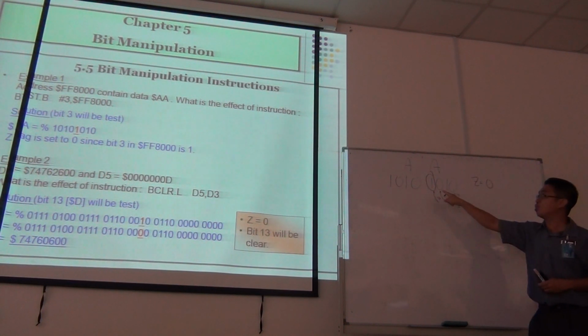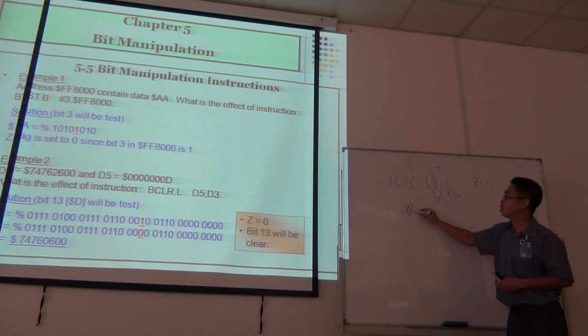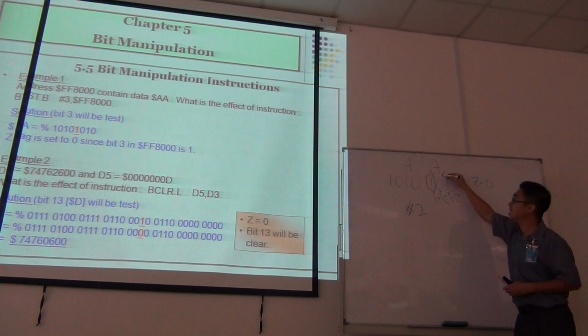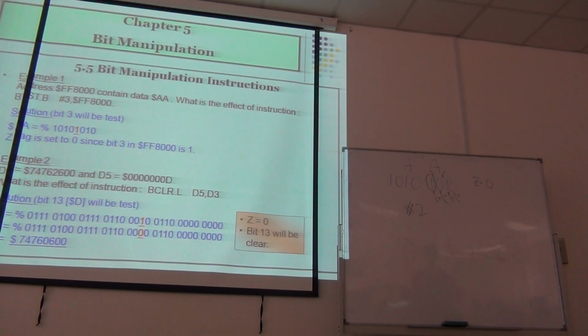Now try, instead of 3, you change it to #2, which is testing this bit. Then look at the Z flag. What happened to the Z flag? Instead of 3, you change it to 2, the Z will change to 1.